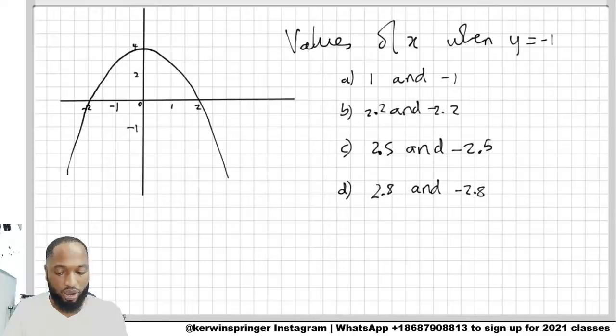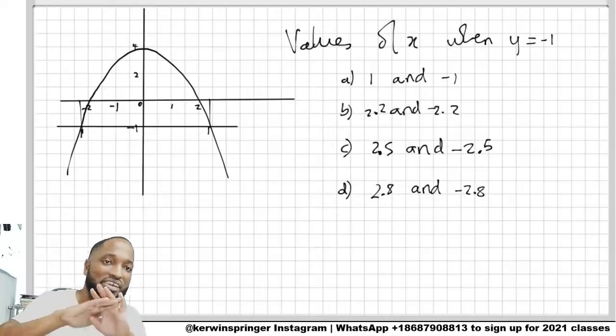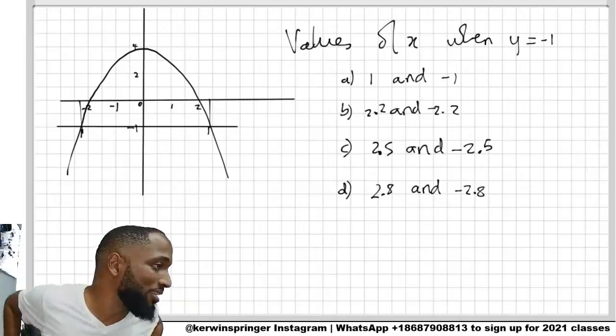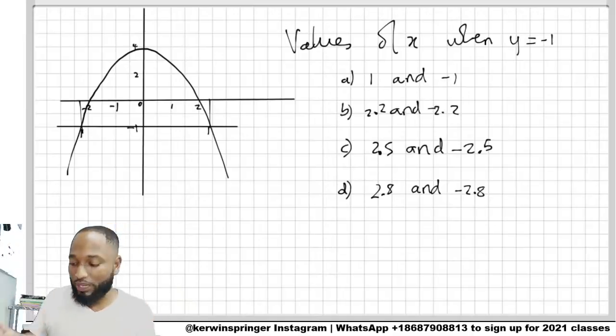But anyhow, when y is equal to -1, you're looking here. You're looking here. So we're looking at these values. It should be duplicated. And right now on mine, it's looking like between 2.5 and 2.8. So it's real close. In CSEC, it will never be so close. It'll be something you can easily pick out, right?